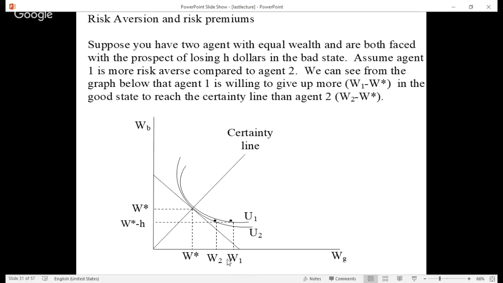In other words, I'm willing to pay more to have more wealth in the bad state. I'm willing to give up more wealth in the good state. And agent 2 is, of course, willing to pay less of a premium. So he wants more wealth in the good state and less wealth in the bad state.